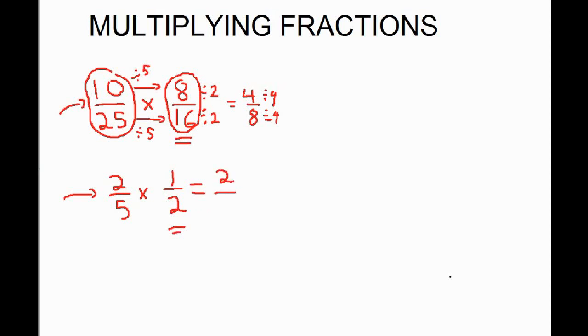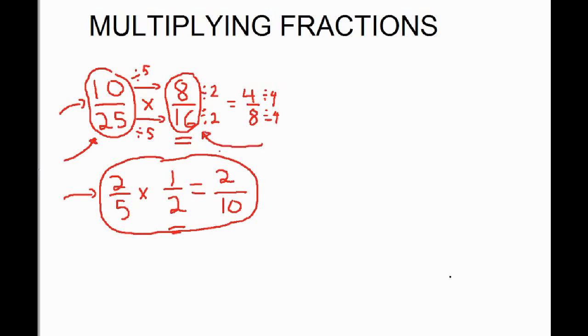Instead of 25 times 16 in the denominator, I have 5 times 2 in the denominator, which is 10. So instead of getting these very large numbers that we have to deal with, if I can reduce the fractions in the question, it makes my life a lot easier. I have to multiply much smaller numbers. So we reduce whatever fractions we can first before we do the multiplication.